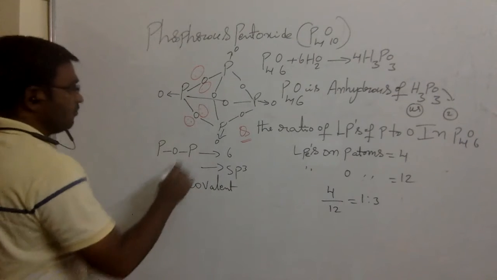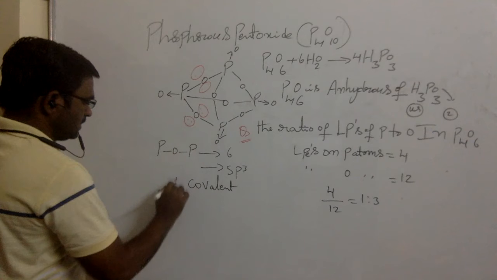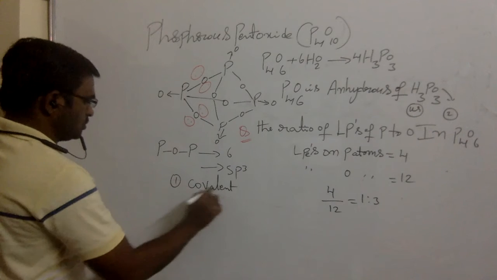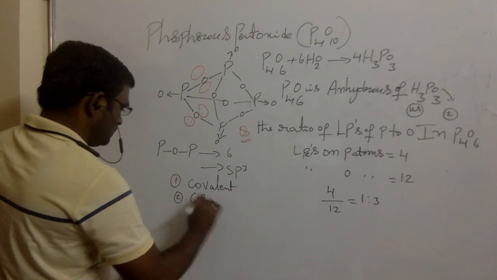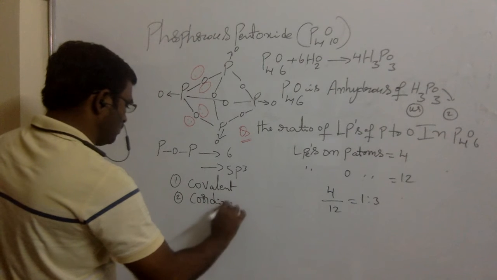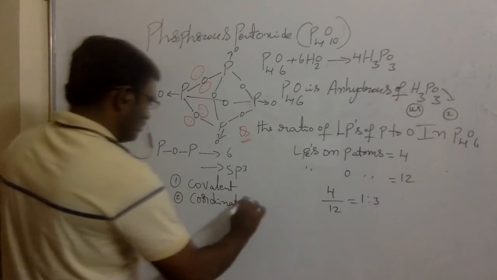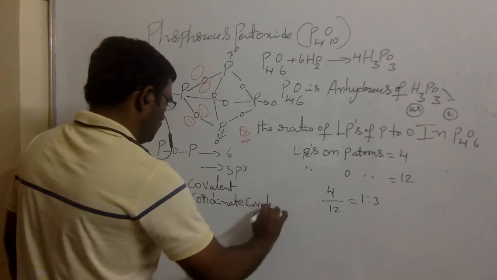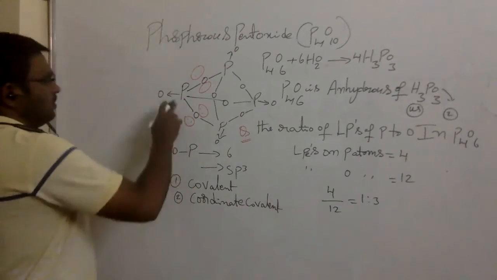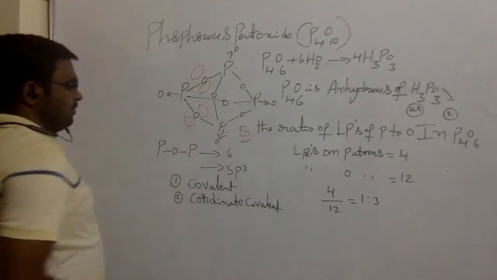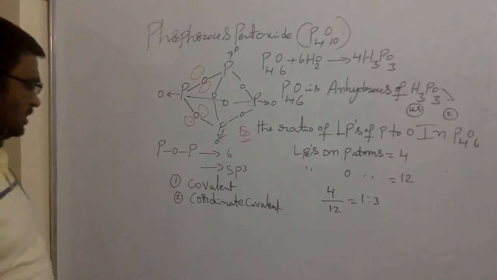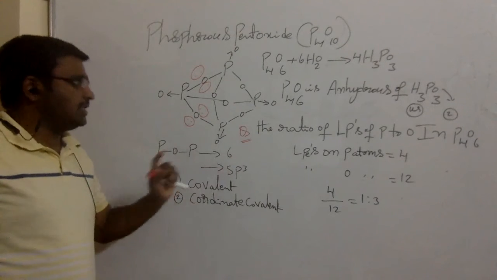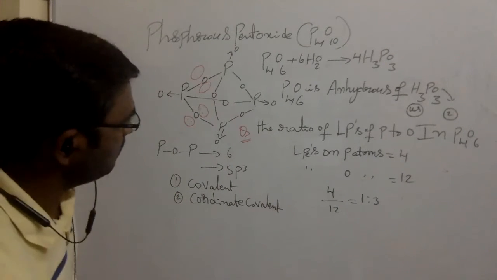In P4O10, phosphorus pentoxide has 2 types of bonds: one is covalent bond, another one is coordinate covalent bond. These 4 are coordinate covalent bonds; the remaining all are covalent bonds. Here also the hybridization is sp3.